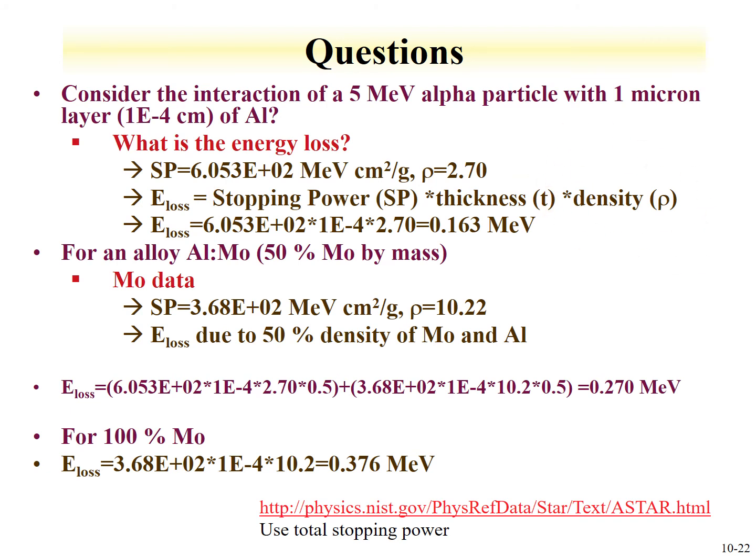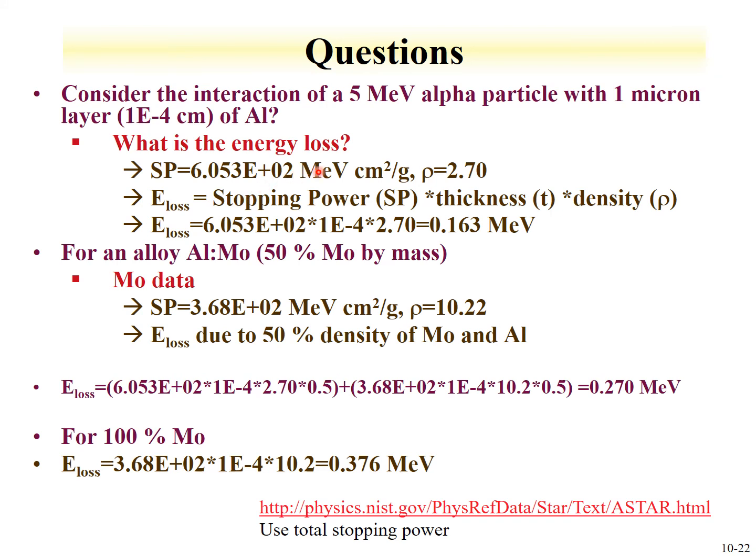For the stopping power of 5 MeV alpha in aluminum, if we go to the ASTAR web page and look at the data for 5 MeV, we get 6 times 10 to the 2 MeV centimeter squared per gram, and the density of aluminum is 2.7 grams per centimeter cubed.